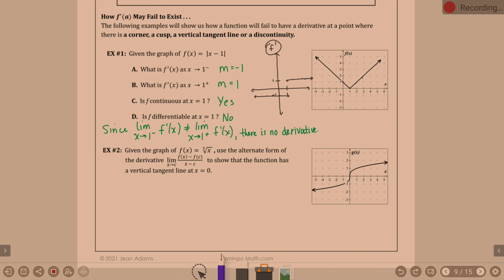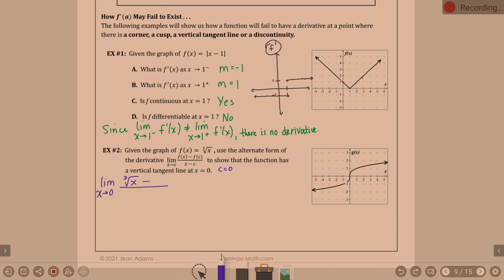Okay, so let's do our limit. The limit as x approaches c. What are we using for our c here? What's our value of interest? 0, yes? So as x approaches 0 of f of x, what was given as f of x? Cube root of x, minus f of c, which in this case is going to be f of 0.